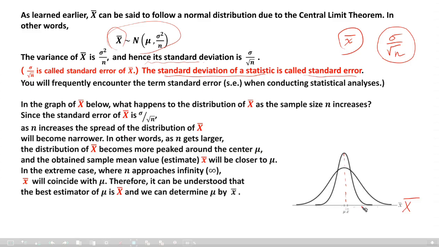So what I mean is, for this normal distribution curve, the standard error is about here, sigma over square root of n. When the sample size n gets larger, this becomes smaller. So the spread, the dispersion of X bar, gets smaller, like this, right?